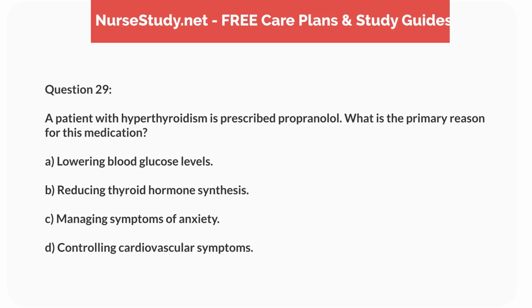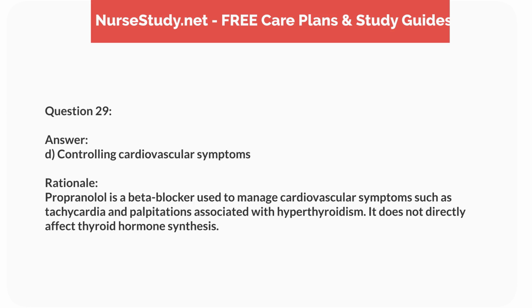D. Controlling cardiovascular symptoms. Answer: D. Controlling cardiovascular symptoms. Rationale: propranolol is a beta blocker used to manage cardiovascular symptoms such as tachycardia and palpitations associated with hyperthyroidism. It does not directly affect thyroid hormone synthesis.